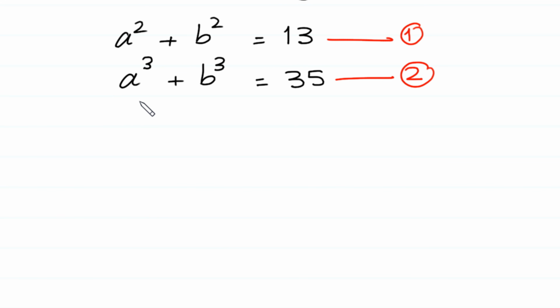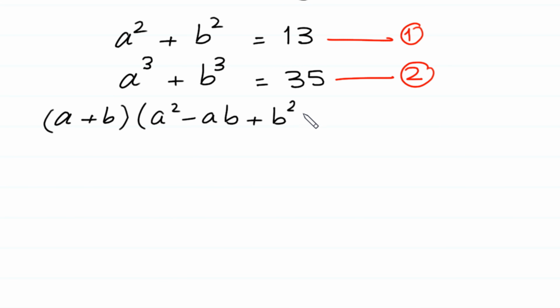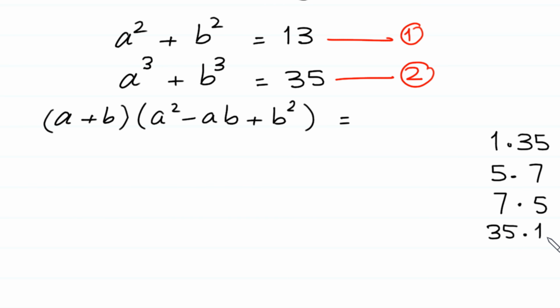Next, according to an algebraic identity, a cube plus b cube is equal to a plus b times a square minus ab plus b square, and this 35 can be factorized as 1 times 35, 5 times 7, 7 times 5, and 35 times 1.